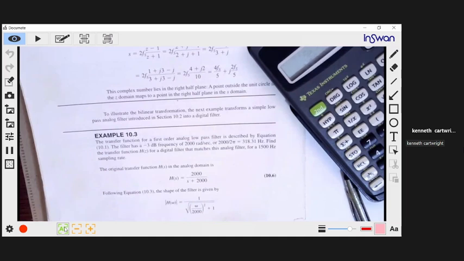Okay. So we got this analog filter, 10.6. What's the bottom equation?